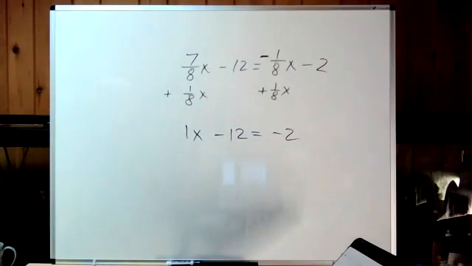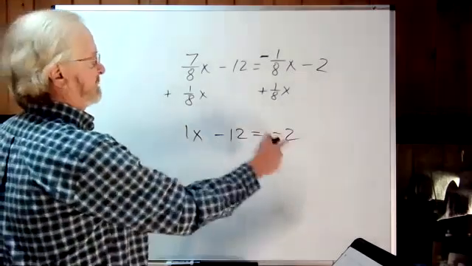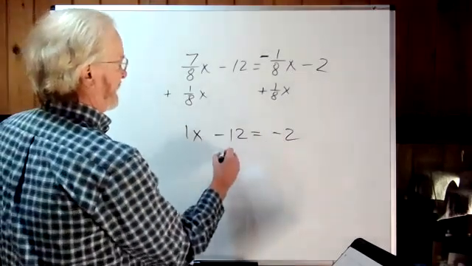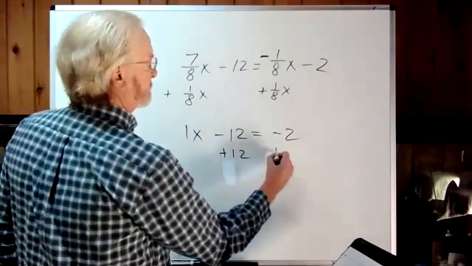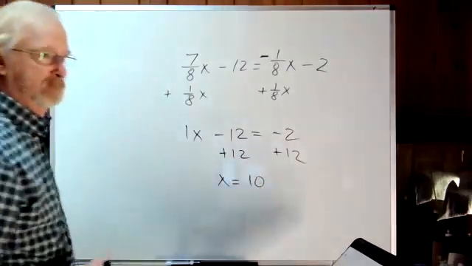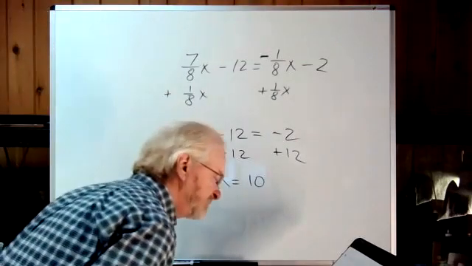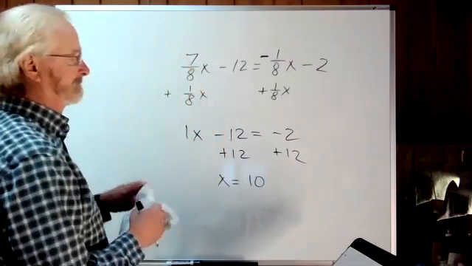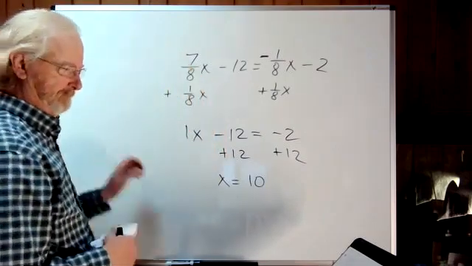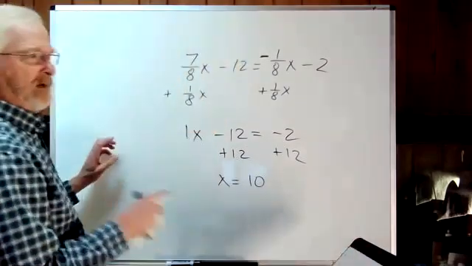I skipped the 8/8 notation there. I wrote the 1, but usually we wouldn't even bother to put the 1 in there, right? It's always implied. I need to move the 12. So if I add 12 to both sides, I get x equals 10.